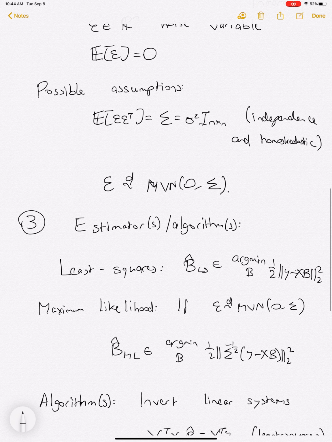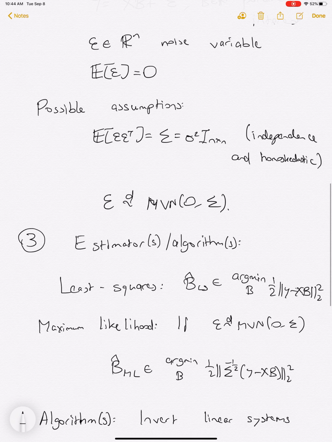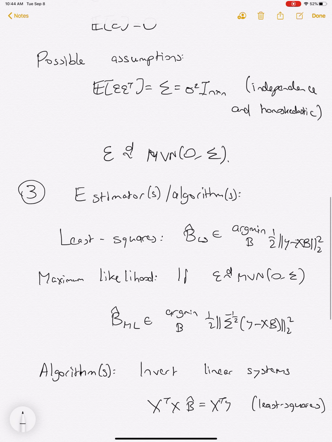And then the estimators or algorithms that we saw too. We focused a lot on least squares, where you minimize the squared L2 distance between y and Xb. We also looked at maximum likelihood, which requires you to know the distribution of your data. Here we assume that epsilon is multivariate normal, which is in general the most natural assumption for a linear model.